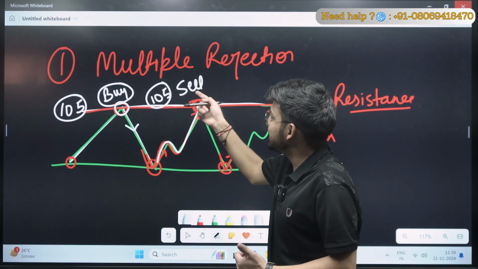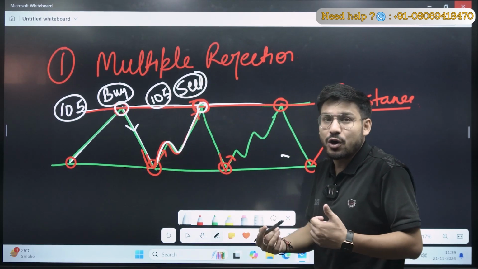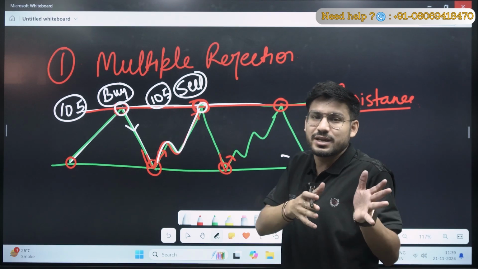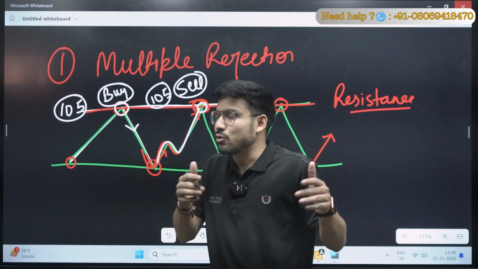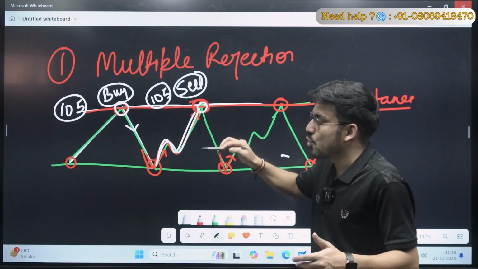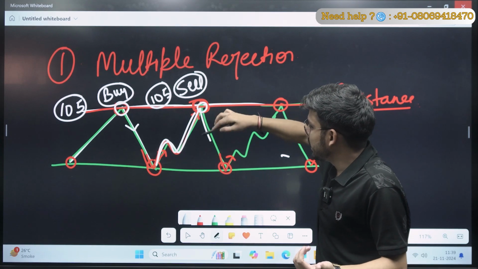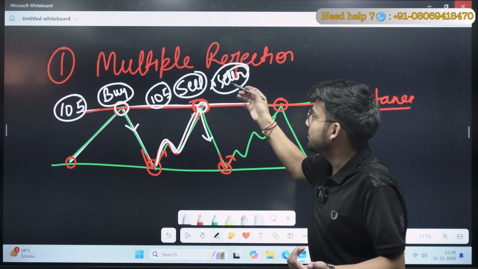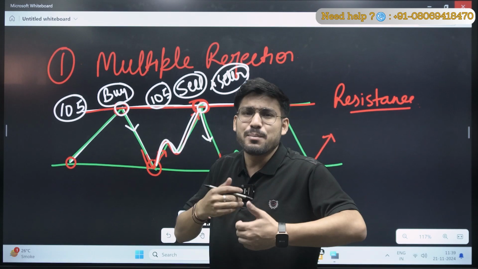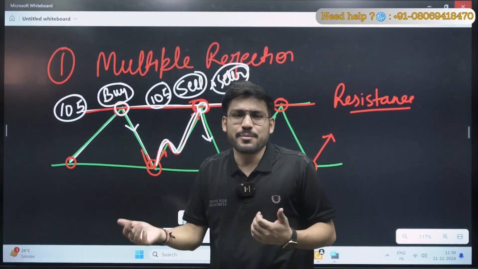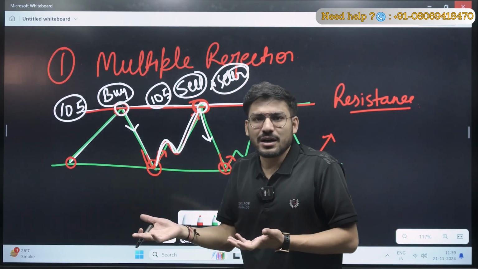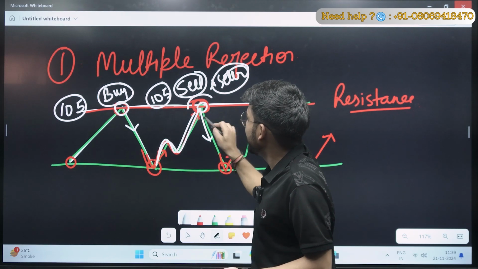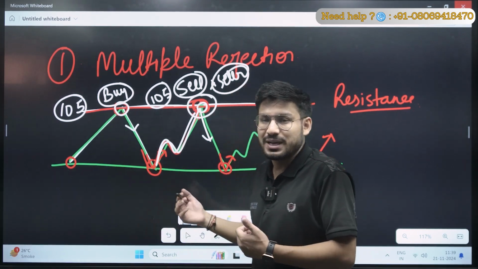Because of this selling position, and because of the sellers as well, there will be some sellers who must be thinking the price is overvalued, so it can go down again. So there will be some new sellers adding their positions here, okay. There can be multiple orders, they might be market orders, they might be limit orders, and they are usually placed here.